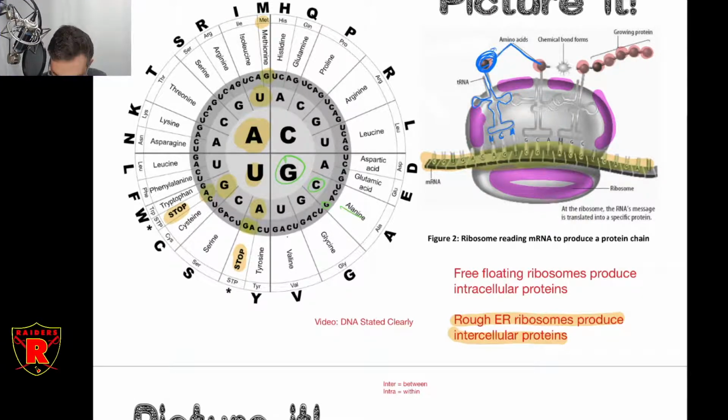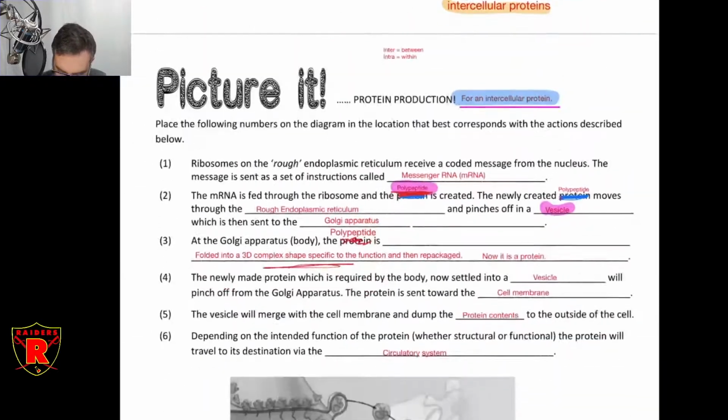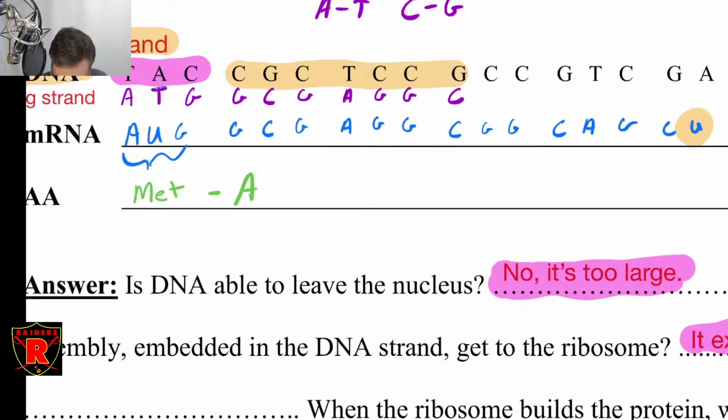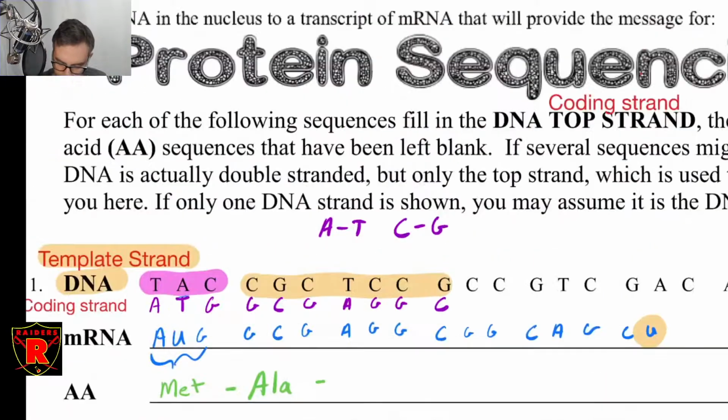So GCG is alanine, short form ALA. Okay, so that's one amino acid. And now we look at the next three, which is the next codon, AGG.